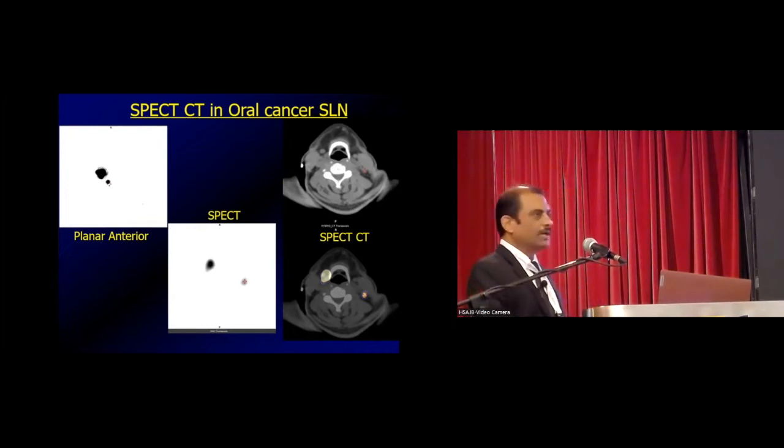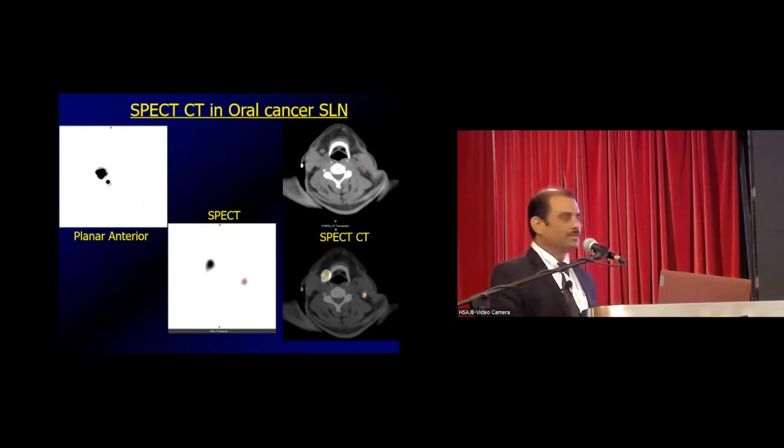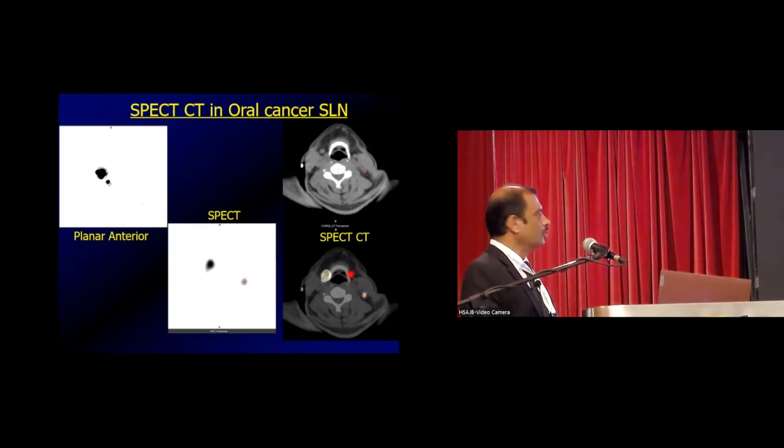Let me explain why a SPECT-CT is important. Here is a planar image, shows the primary, there is a lymph node. We have done a SPECT. In SPECT, we have found two spots, but we don't know really the anatomical localization. That's where a simple SPECT-CT helps. You can again see there are two lymph nodes.